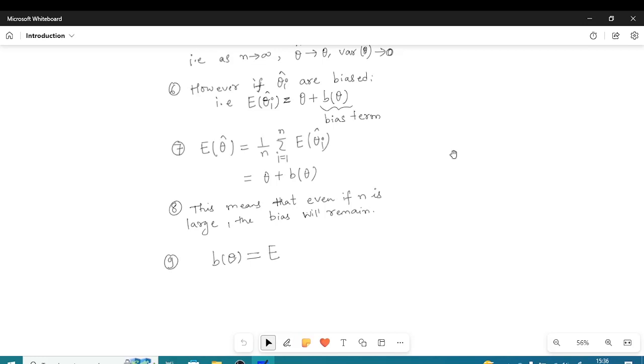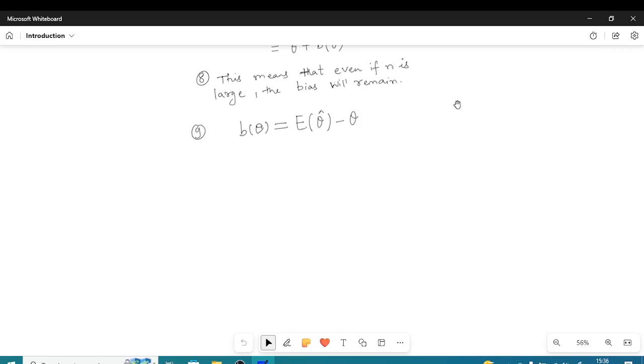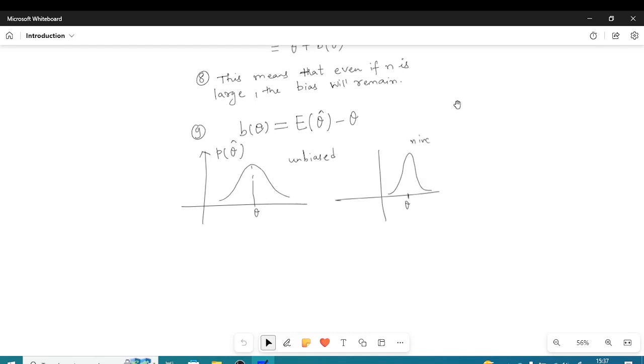So now I am going to plot the PDF here. For the above estimator, this is for the unbiased case, as n increases, and this PDF is for the biased case.